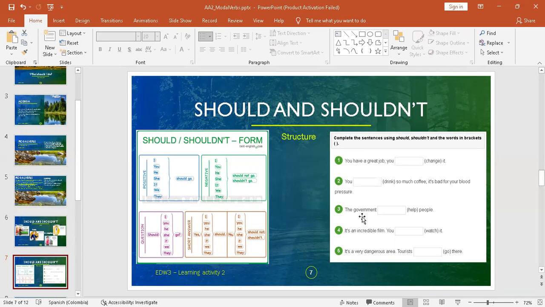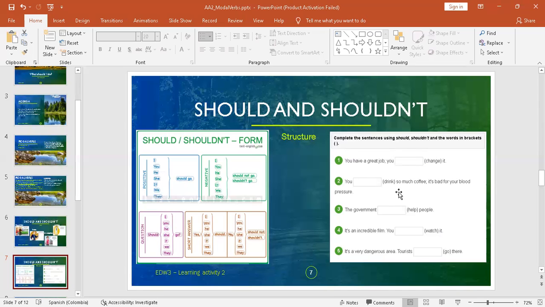Bueno, acá tenemos algunos ejercicios para el caso de los que vayan a ver la actividad. Entonces, you have a great job. You, entonces acá tendrían que poner should change it. Shouldn't sería, you shouldn't change it. Si tienes un excelente trabajo, pues no deberías cambiarlo.